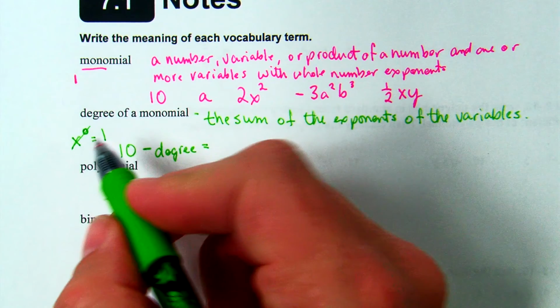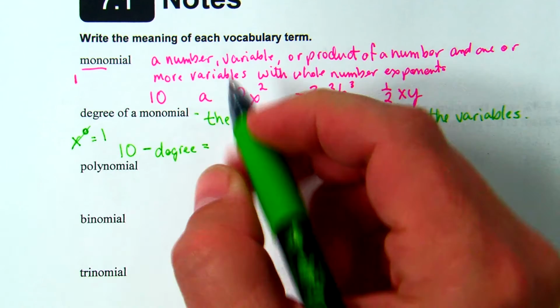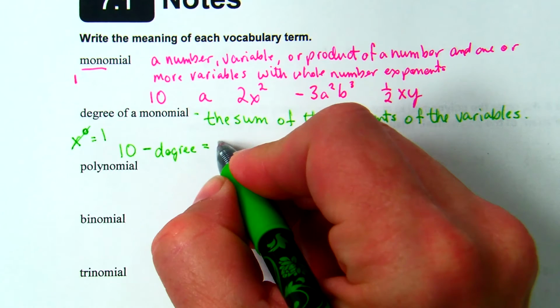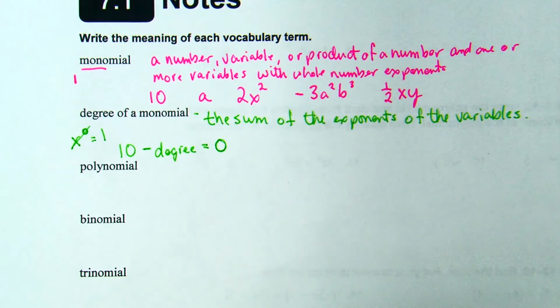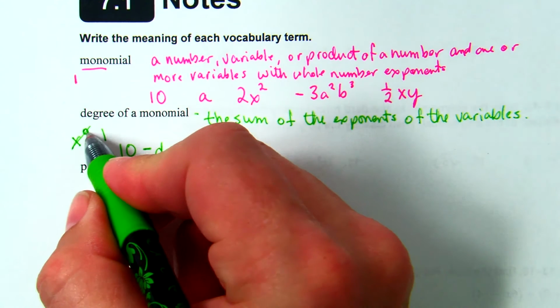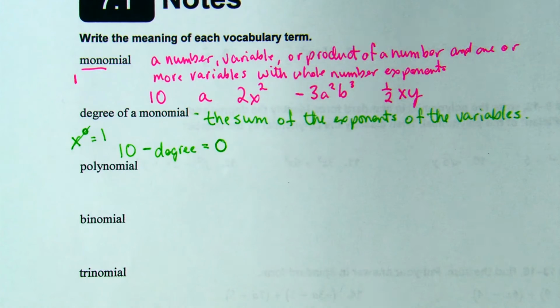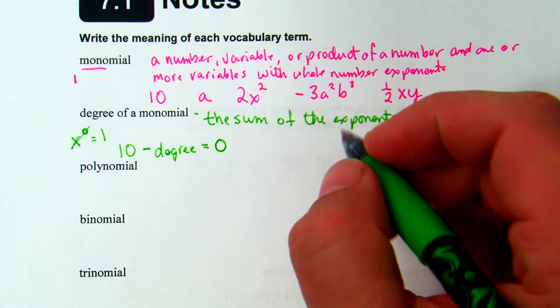So what would the degree of this be? What's that degree right there? No, it's a 0. Somebody said it was a 1. The degree of x is 0, which makes it a 1, which means there are no variables with this. I mean, if you just think about it, there's no variables in 10. It's just a number 10. So the degree of the variables would be 0. What about a?